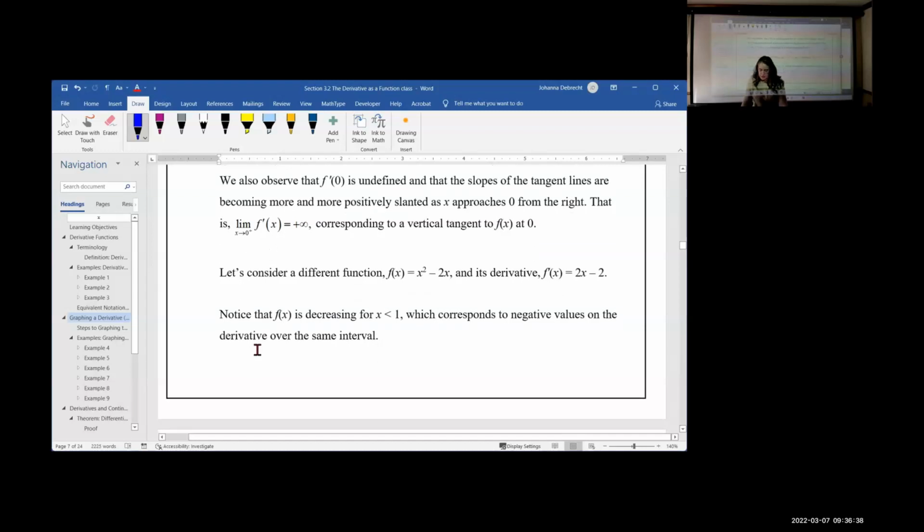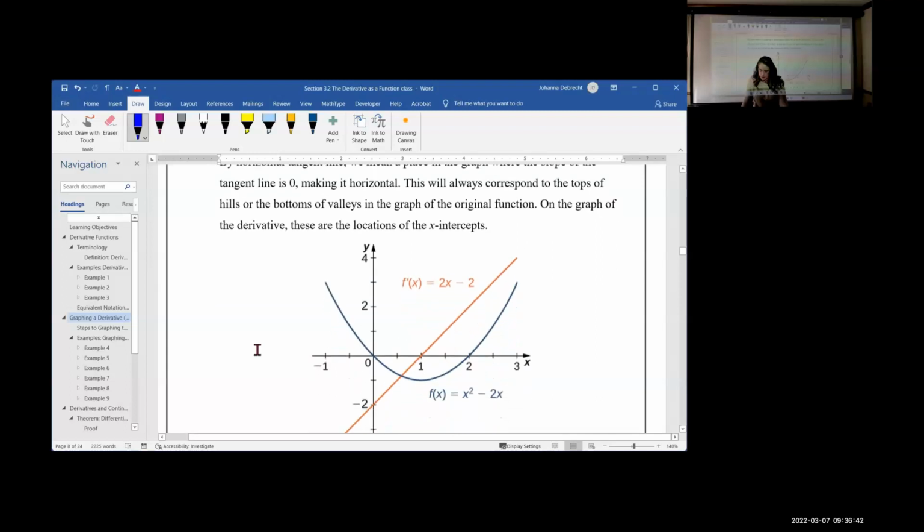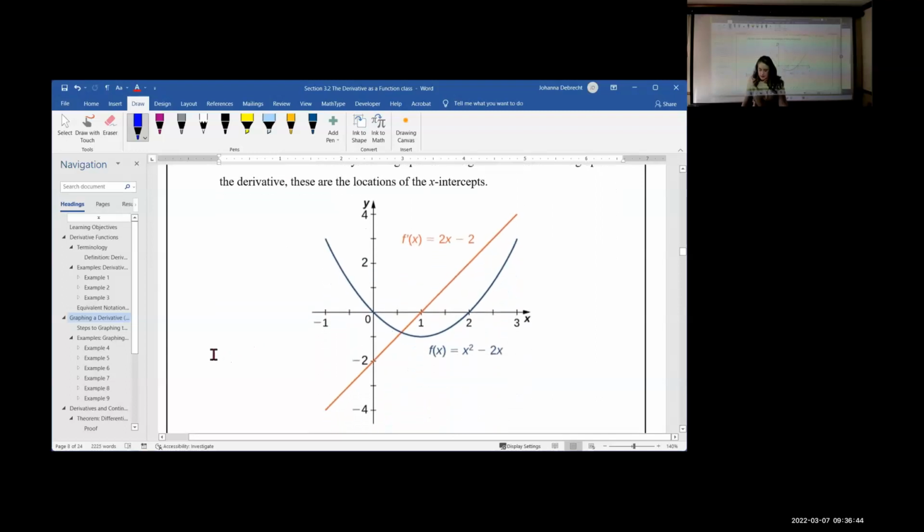Okay, let's look at a different function. x squared minus 2x and its derivative 2x minus 2. Now, when we look at x squared minus 2x, I'm going to start on the left side this time. And notice when I start on the left, if I put my pen onto the graph as a tangent line, it's relatively steep and it's downhill.